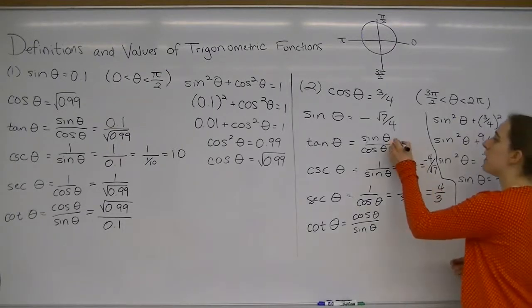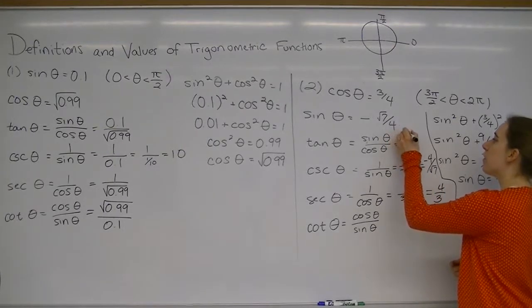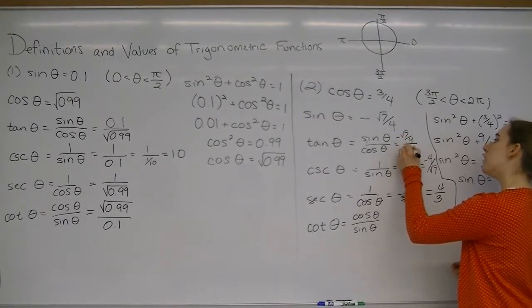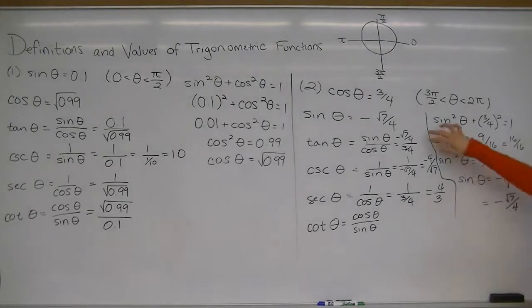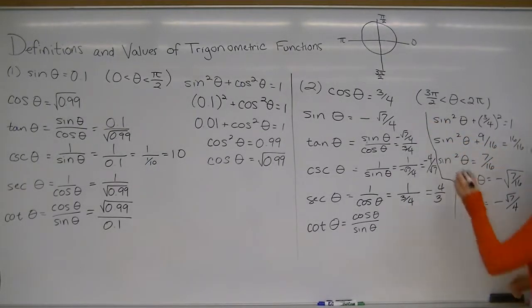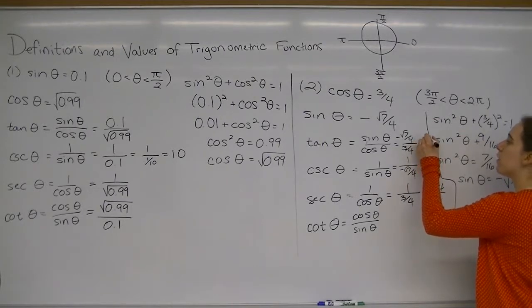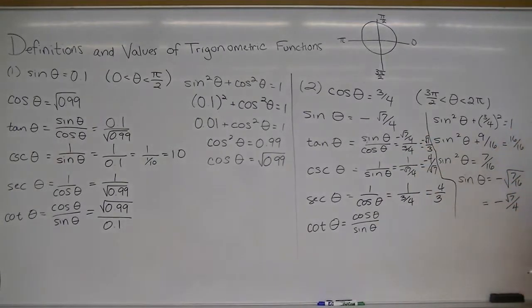Tangent will be negative square root of 7 over 4 divided by 3/4. So that bottom fraction is going to flip and multiply times the top, so the 4's will cancel. I end up with negative square root of 7 over 3.